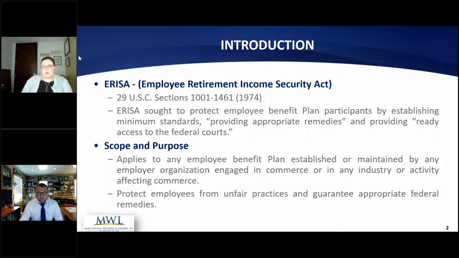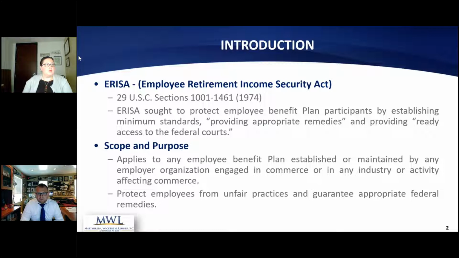The purpose really was to federalize or ensure minimum standards that would be set for a majority of the private sector pension and health plans. For example, under ERISA, employees must be notified of certain benefit plan terms, including funding, costs, and coverages.